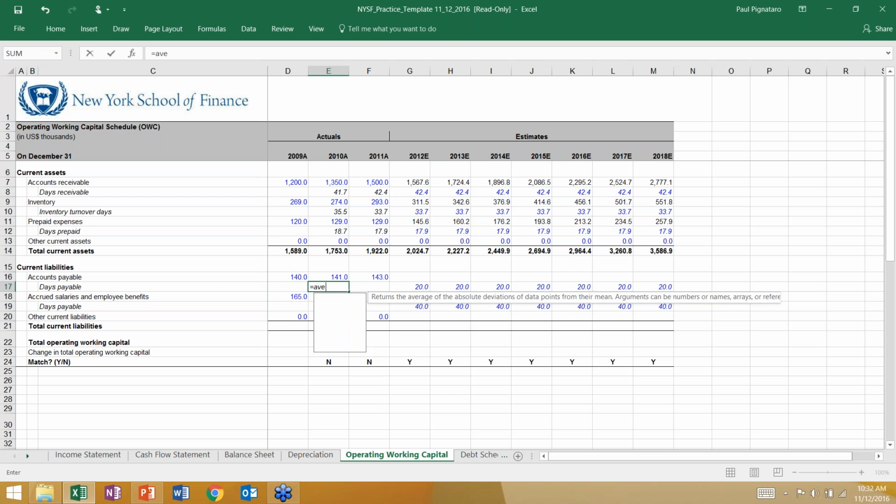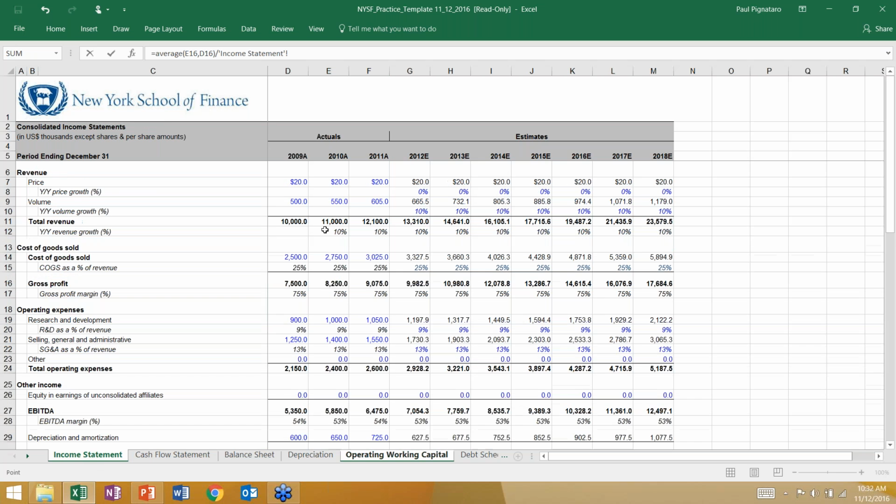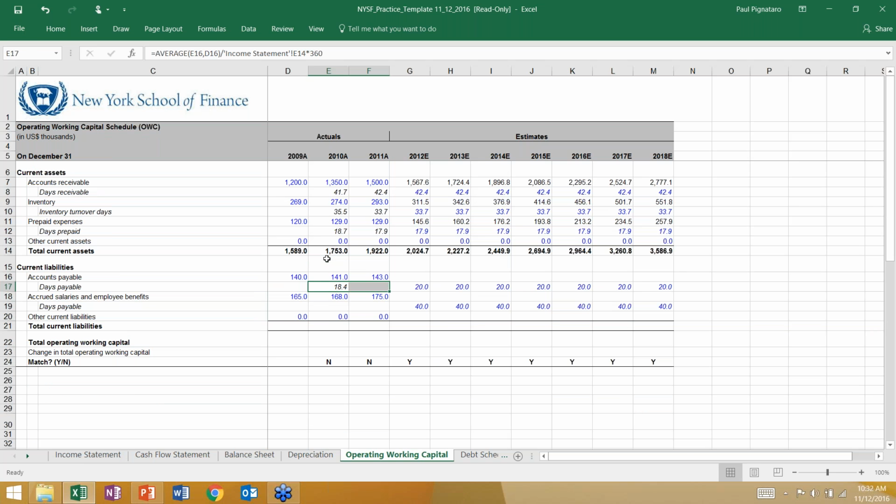So we're going to take the average accounts payable this year and last year, divided by income statement cost of goods sold times 360. Okay, copy to the right. This gave us 16.9. We can use 16.9 and reverse engineer.